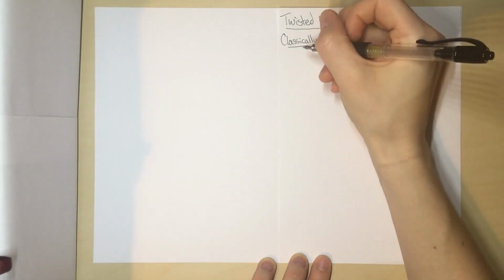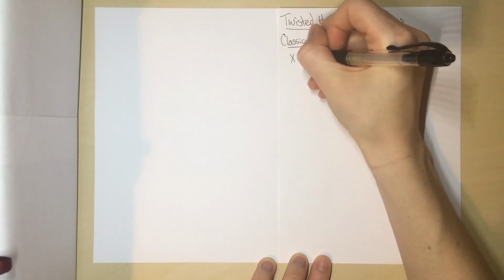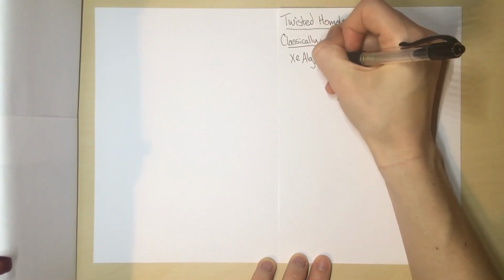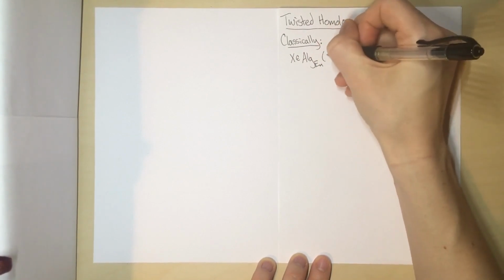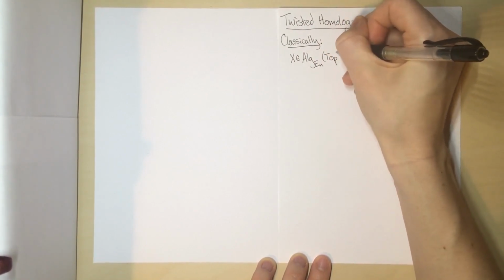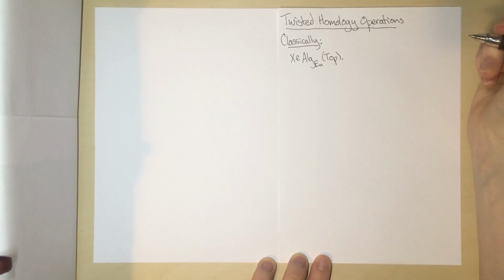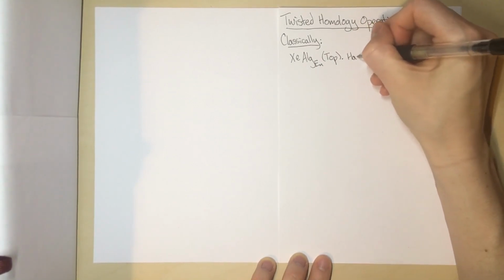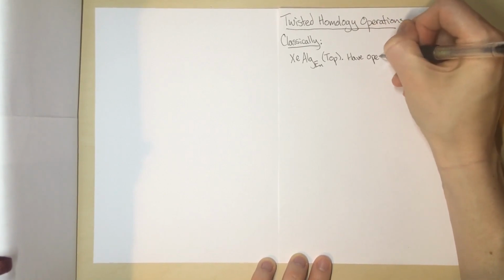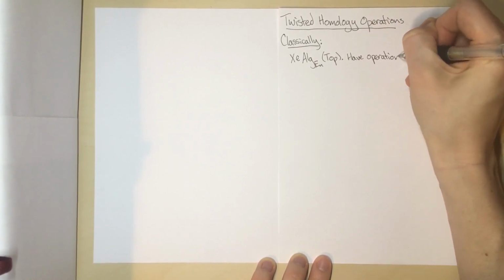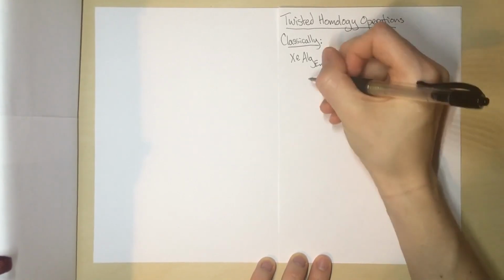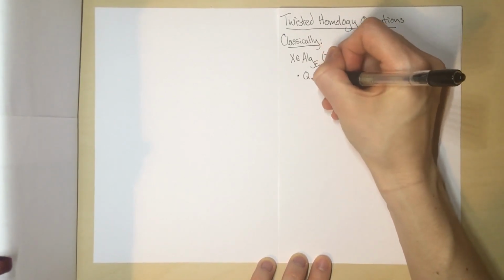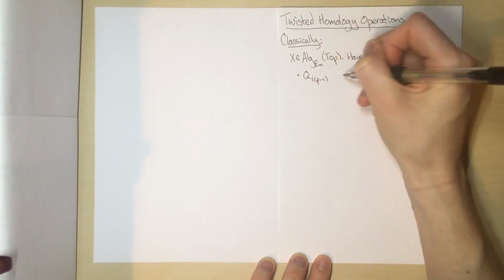So these operations are defined on the homology of EN algebras with mod p coefficients. Let X be an EN algebra in spaces. Of course, you can work with other categories, but for today, I'll just talk about spaces. So we have the following operations on its homology. First of all, we have an operation which I'll write Qi p minus 1.